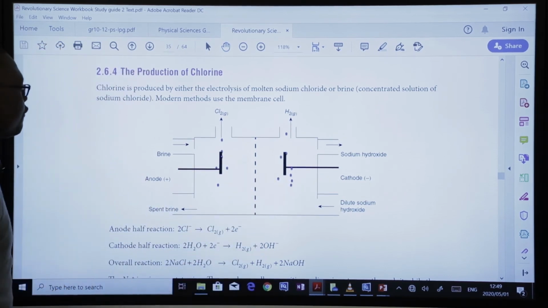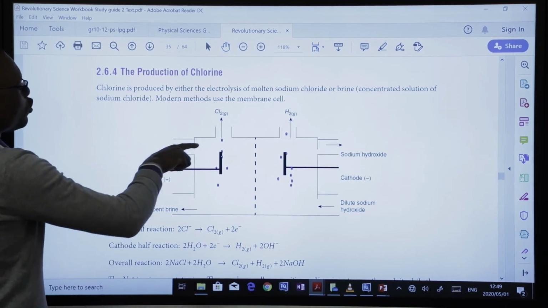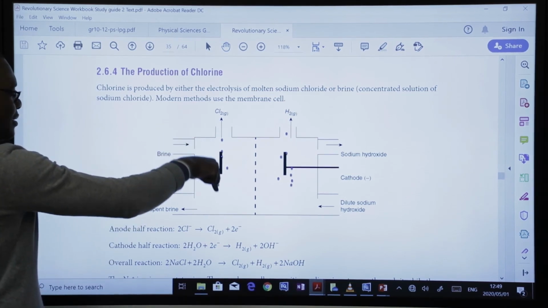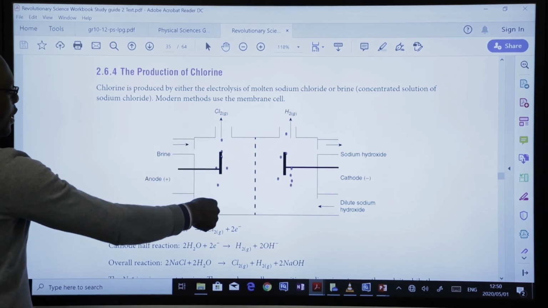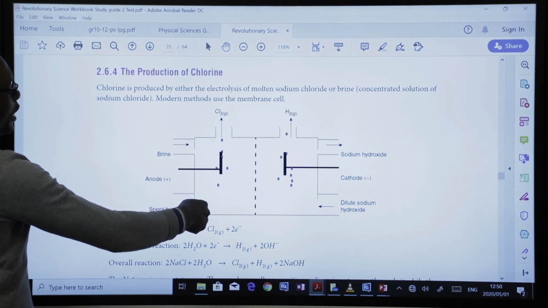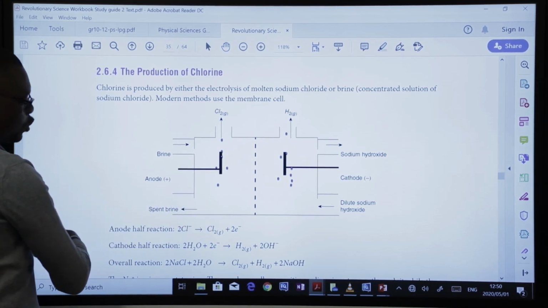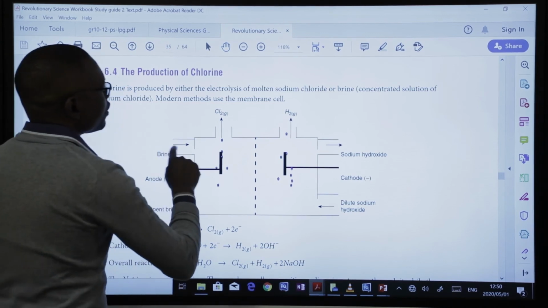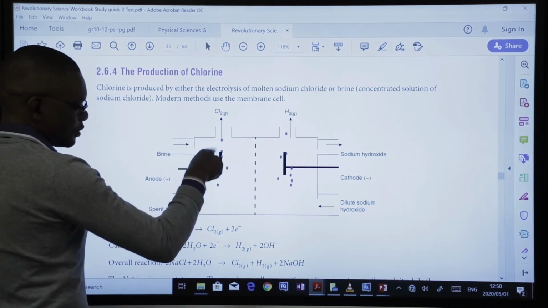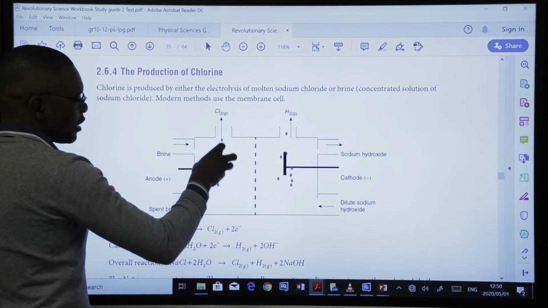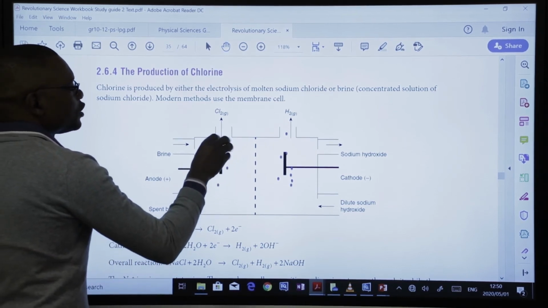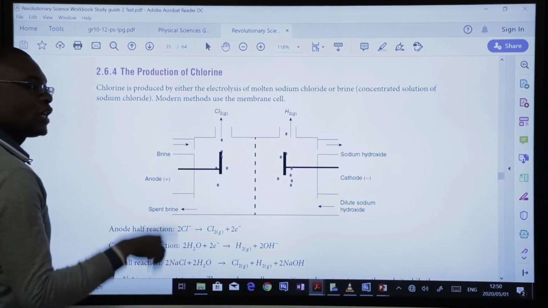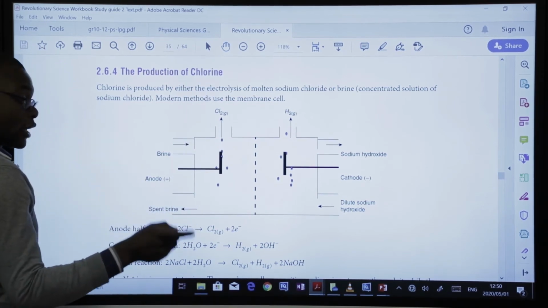Your brine solution comes in this way, and then the spent brine goes out that way. So what happens is that when the solution comes onto the surface of the electrode, chlorine gas is bubbled out. How? I'm going to explain to you just now.